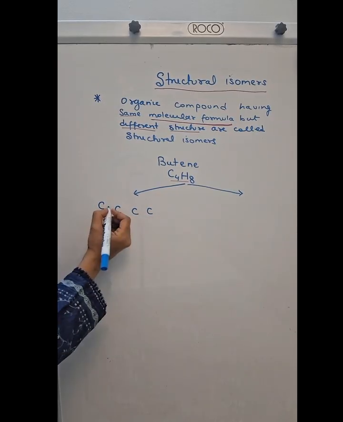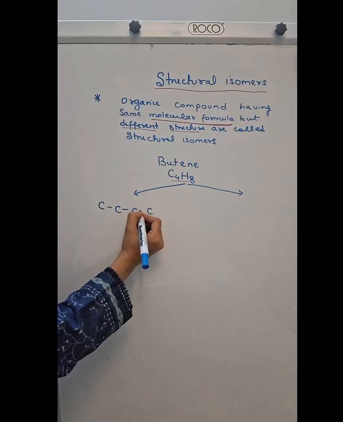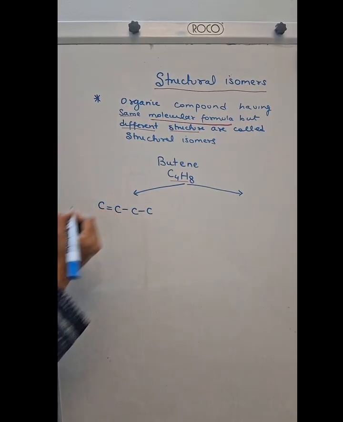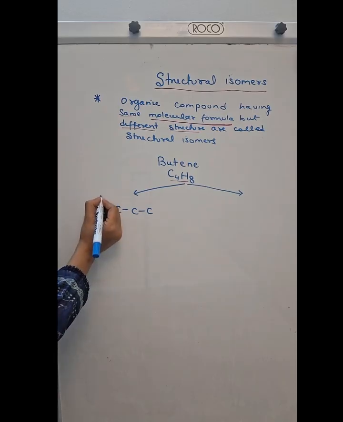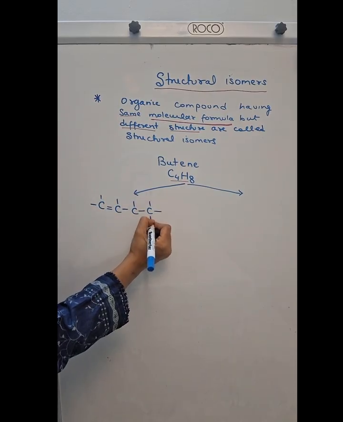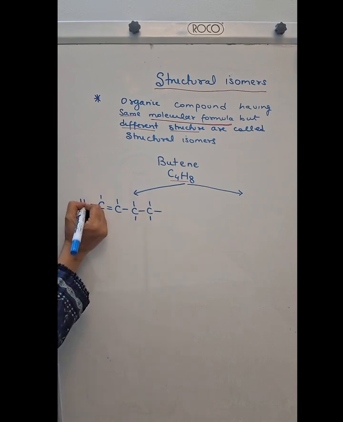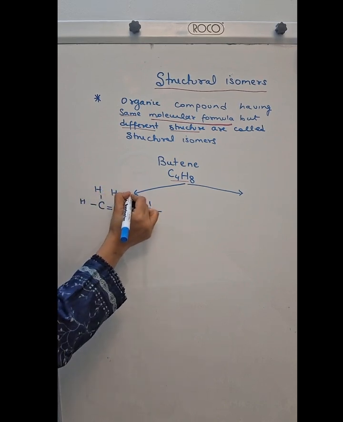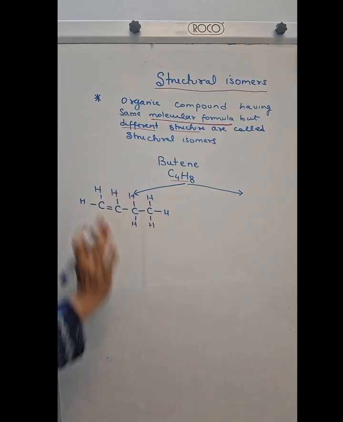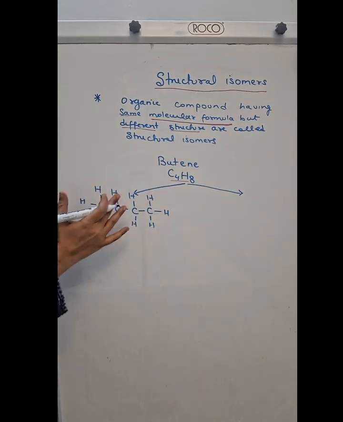First we will make all the carbons single bond, and then between first and second carbon we will put a double bond because it is alkene, and then the rest we will satisfy with hydrogen. So 1, 2, 3, 4, 5, 6, 7 and 8 hydrogen. This is the structure of butene we have already studied in my class.